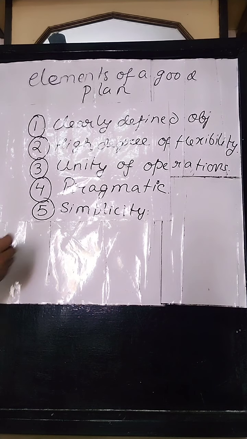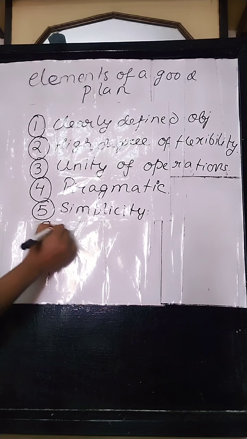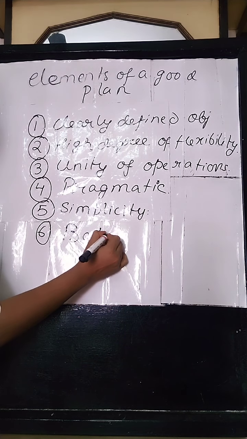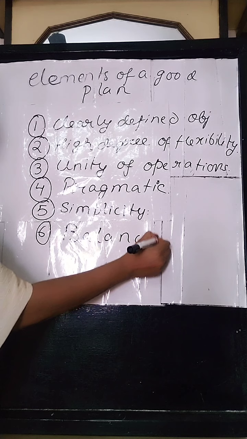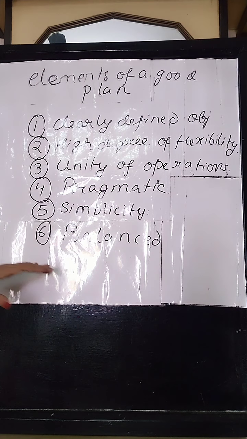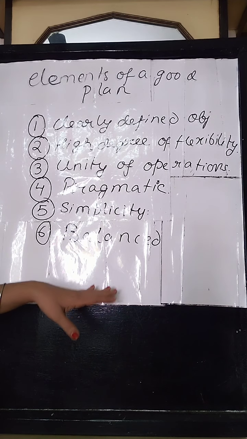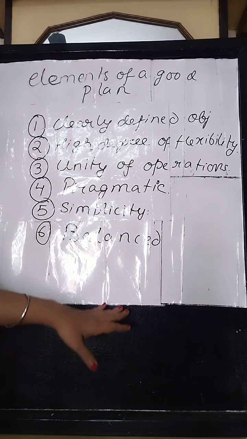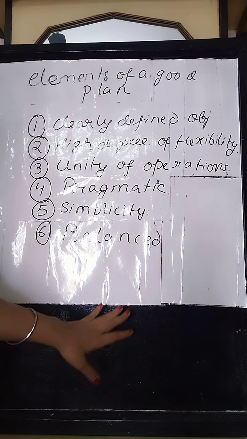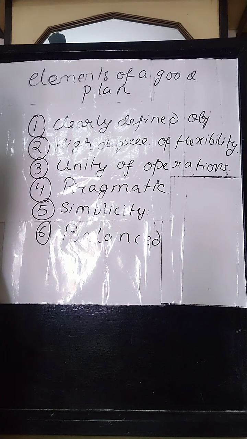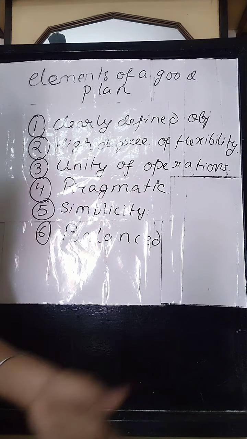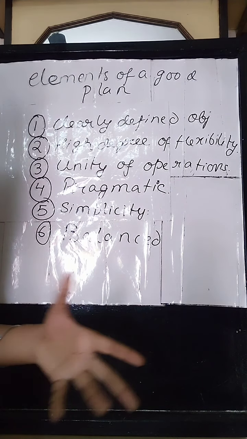Next is balanced. A sound plan must be balanced in nature. Balancing is an important attribute. A balanced plan has the proper bearing of thinking and doing. Proper weightage should be given to various tasks through interaction of resources and action.